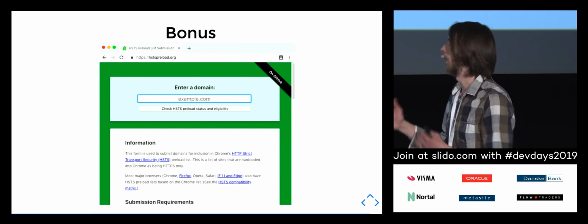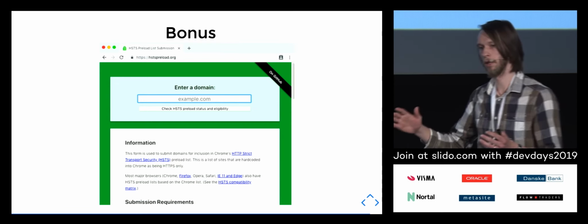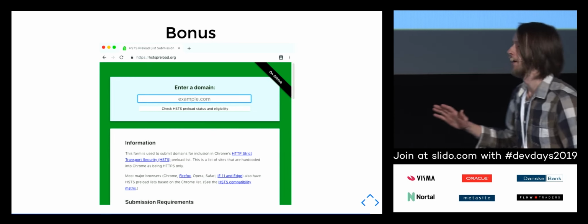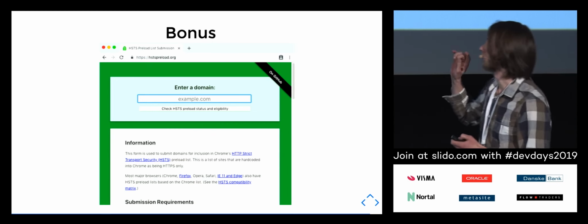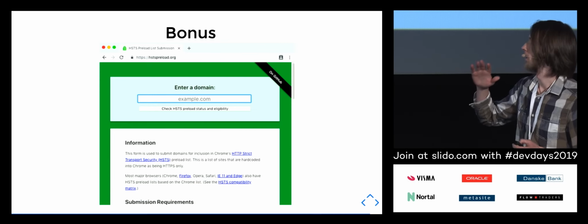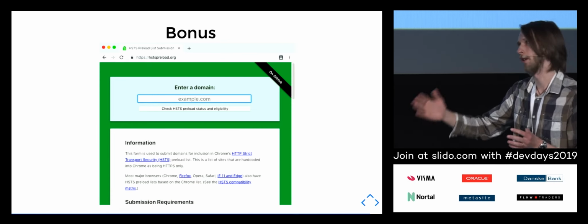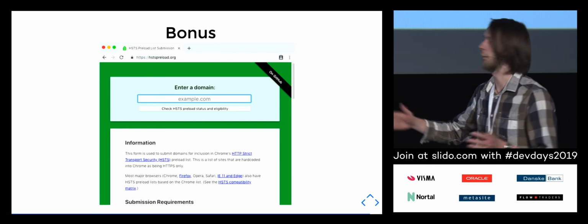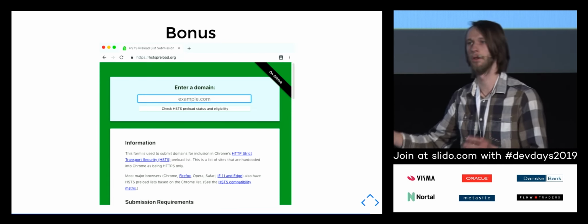And it will be in all the browsers in the next release. So basically in 3-4 weeks all browsers will know that your site is using only HTTPS.